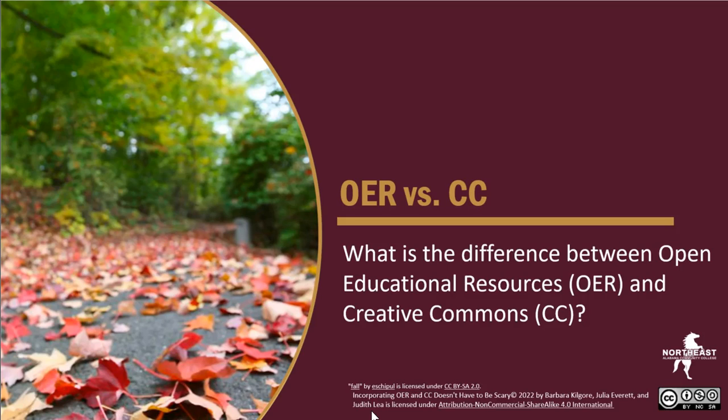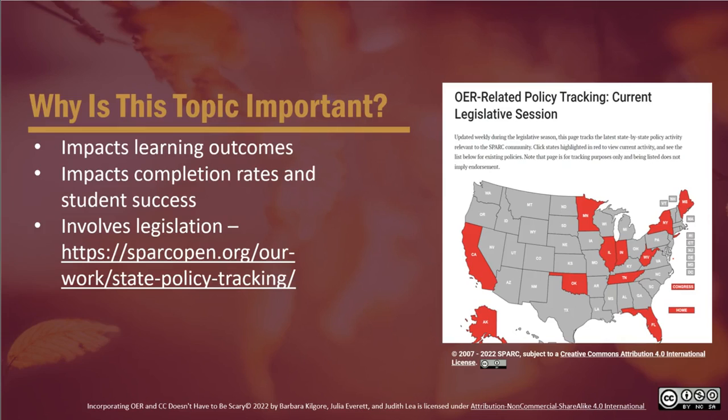Creative Commons, however, can be defined as three different things. One, it's a license that is applied to those open educational resource materials. Secondly, it is a movement to promote open educational resources. And lastly, it is an organization to promote open educational resources. So it's sort of a threefold thing.